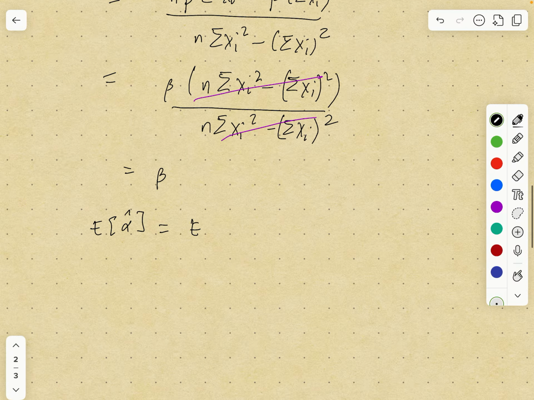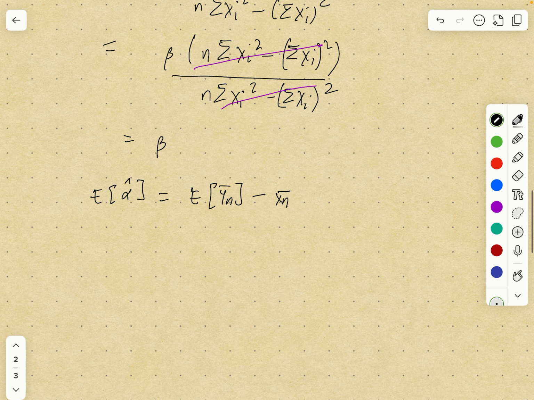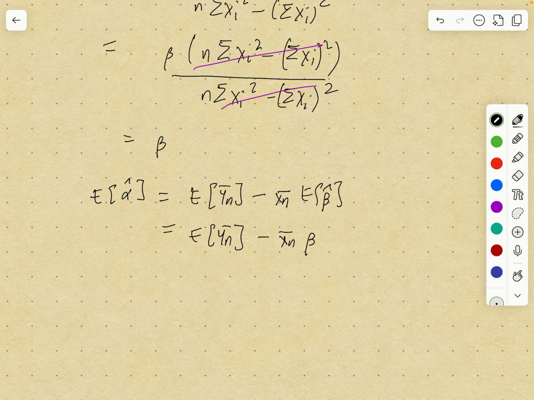So this is the expectation of yn bar minus xn bar times the expectation of beta hat, since beta hat is also a random variable. The expectation of beta hat is just beta, which is what we just calculated.